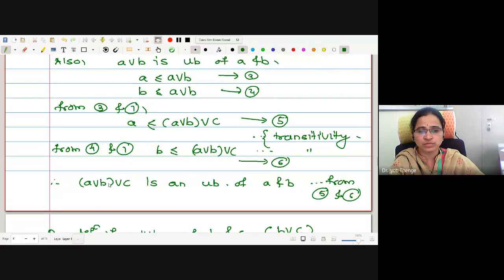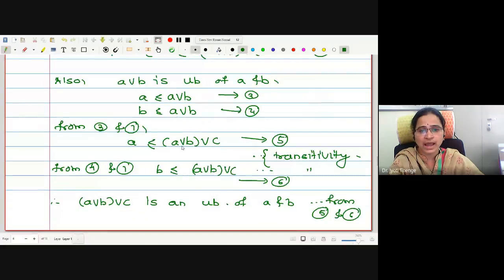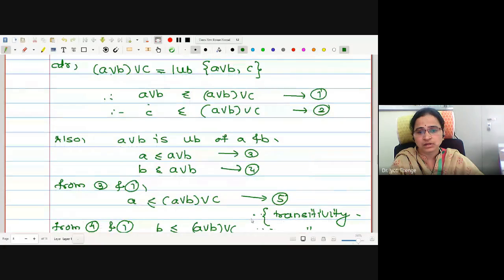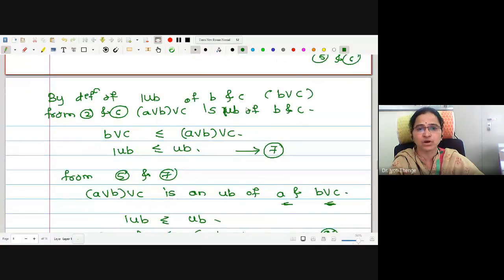Therefore, A join B join C is an upper bound of B and C. From 2 and 6, A join B join C is an upper bound of B and C. But what is the least upper bound?